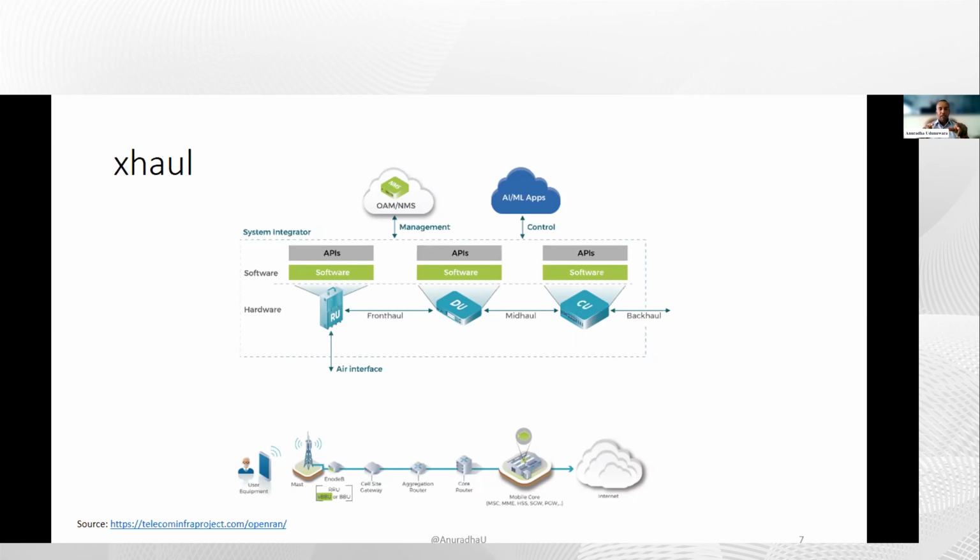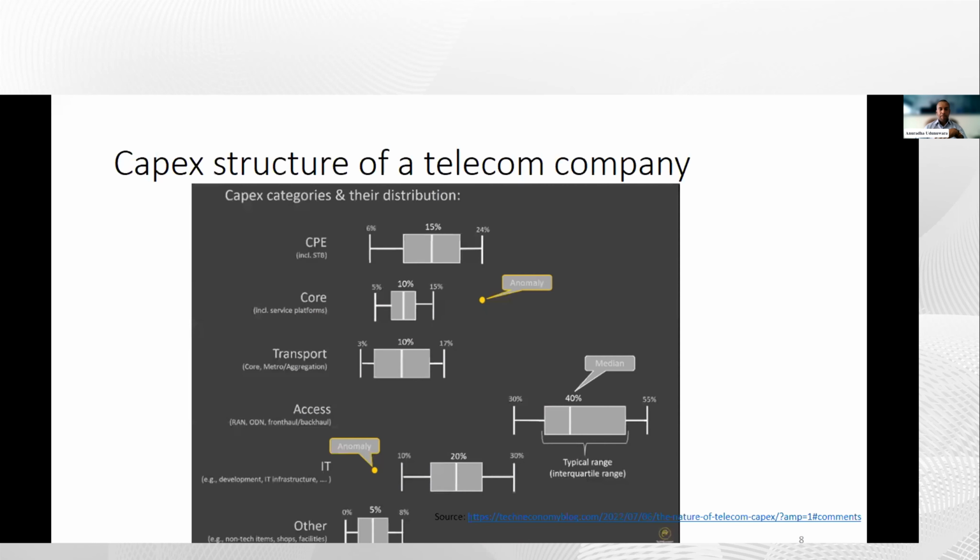All these mid hauls in this diagram, and to a certain extent back hauls, although we call them transport, essentially constitute what the industry refers to as DCI, and these DCIs are not the large scale data centers, but miniature versions, mostly hosting mobile edge computing or multi-service edge computing.